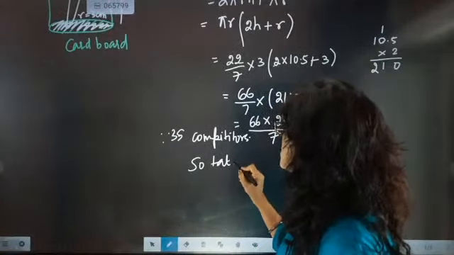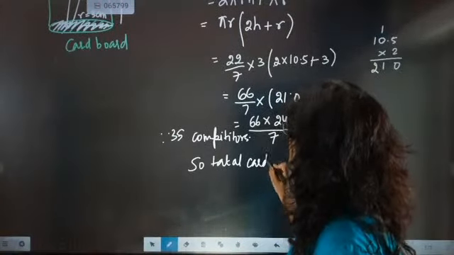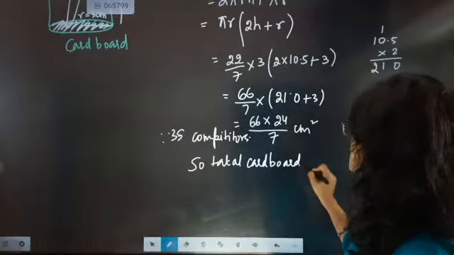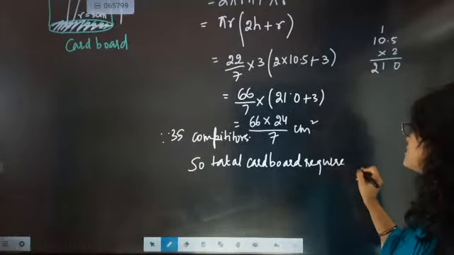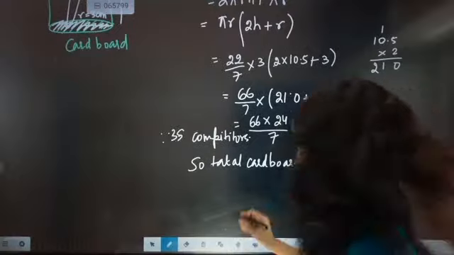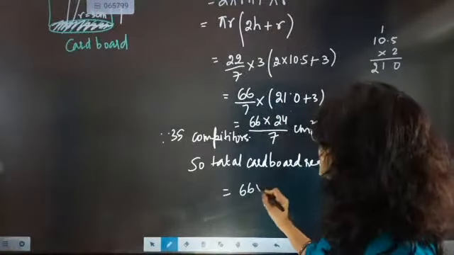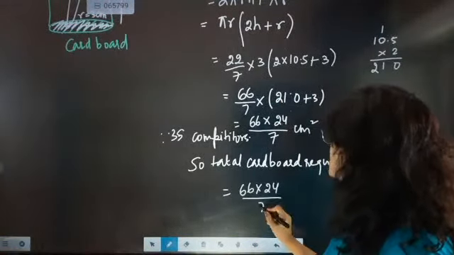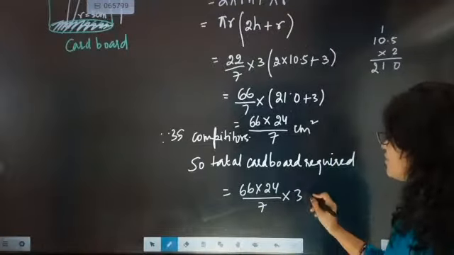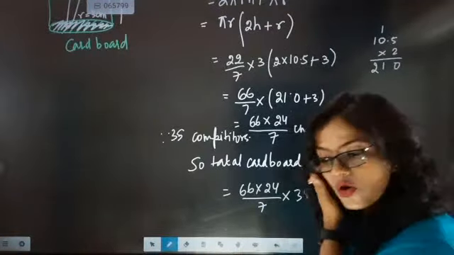So the total cardboard required: what will be the amount of cardboard required? In this, 66 into 24 into 7 divided by 7 by 35, because 35 competitors are there.